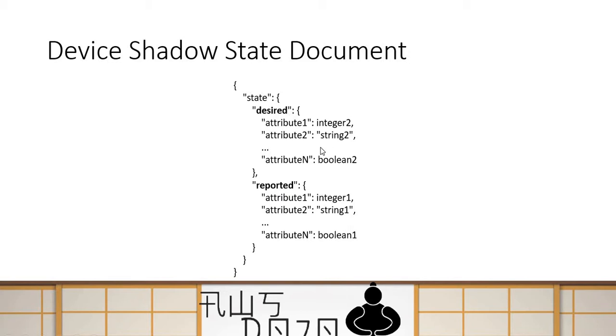The device reads the desired value, changes its state to the desired state, and then reports back to the shadow that, hey, I have changed my status to the following. Again, I'm going to show you an example, and then it will start making perfect sense to you. But generally, this is a typical structure of how the shadow state document looks.